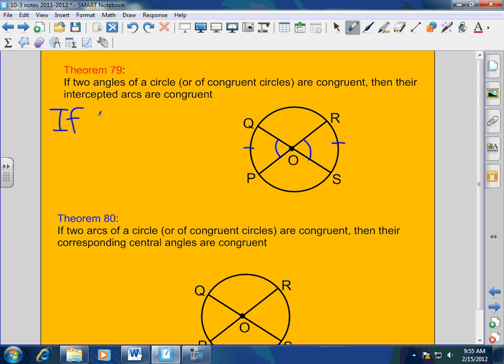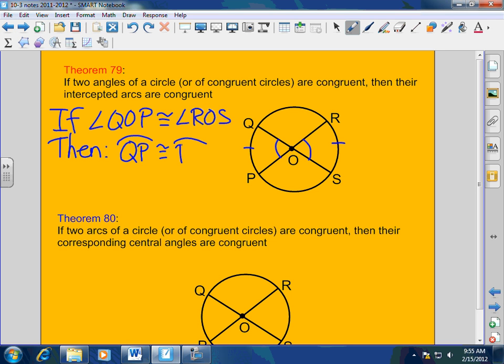So if angle QOP is congruent to angle ROS, then arc QP is congruent to arc RS. Don't go by the drawing or how straight the line is or what you think it looks like. Go by the facts.